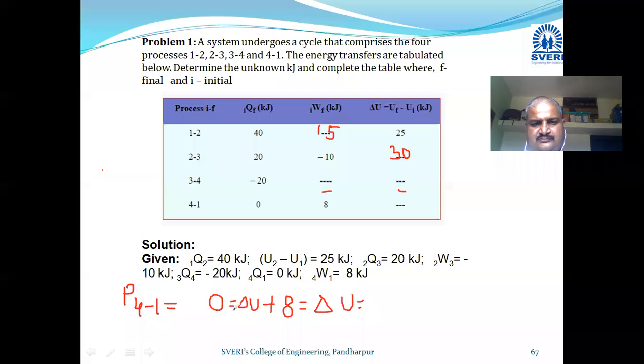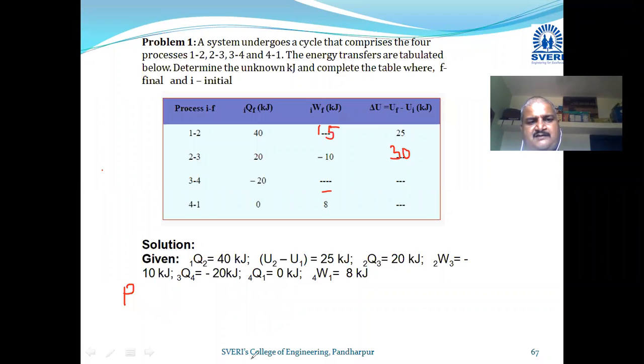This is 0 minus 8. The minus will go to the LHS and it will be minus, yes, absolutely correct, minus 8 kilojoule. Okay, so this is the internal energy for the process 4 to 1. We will fill the blank place, and there we can write minus 8.